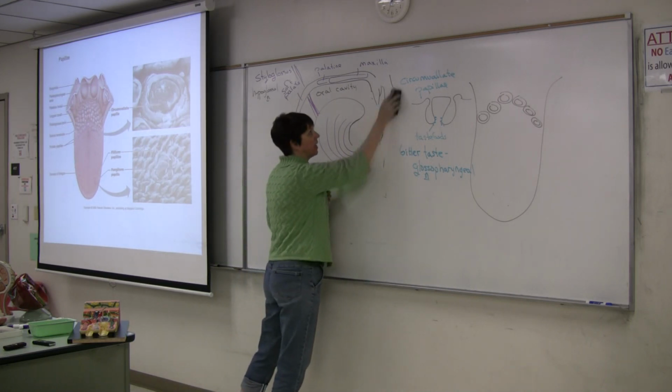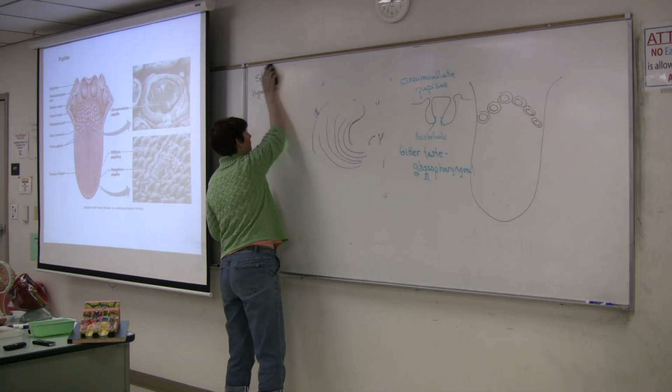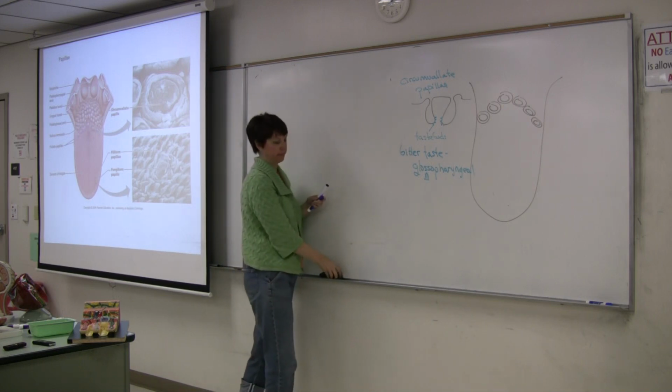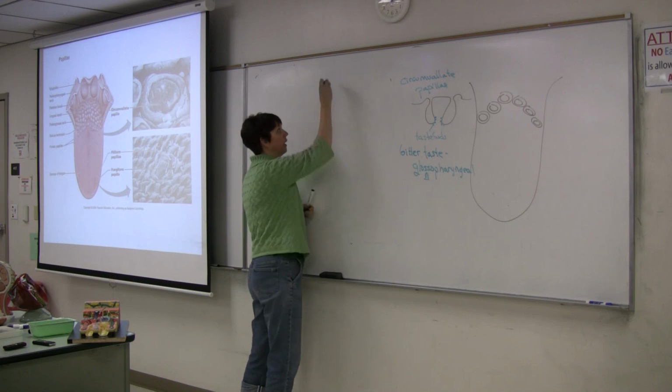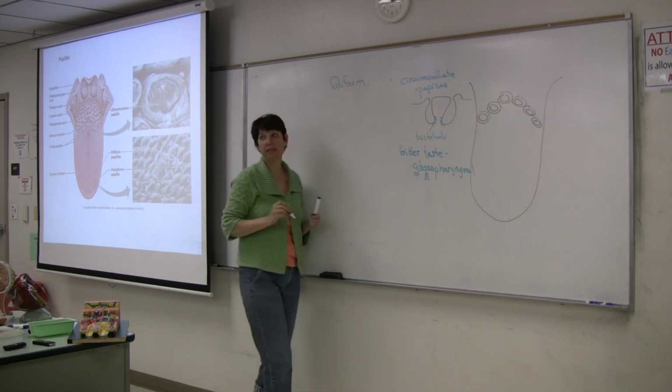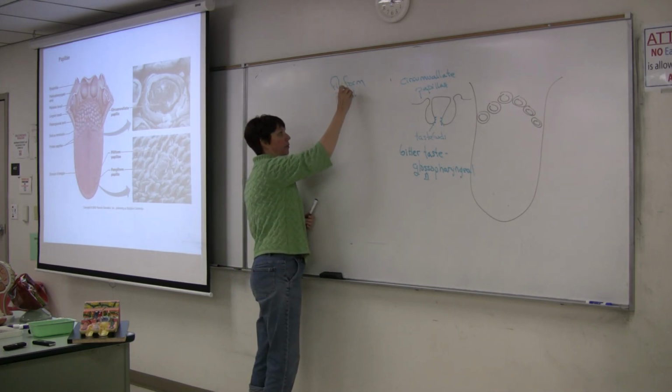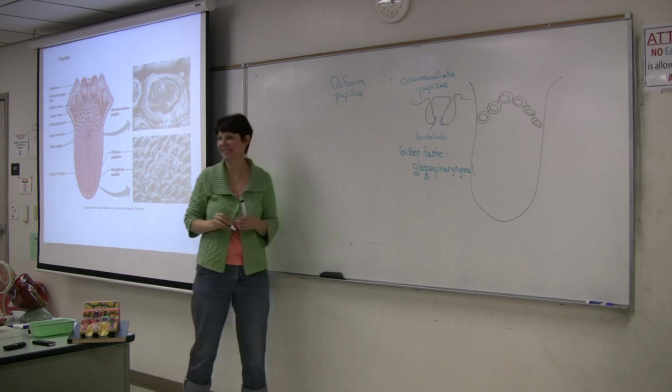Scattered throughout the rest of the tongue, the most common ones are filiform. Filiform are needle-like. In humans, they're not as sharp as they might be if you have a cat, so they don't feel rough when somebody licks you.